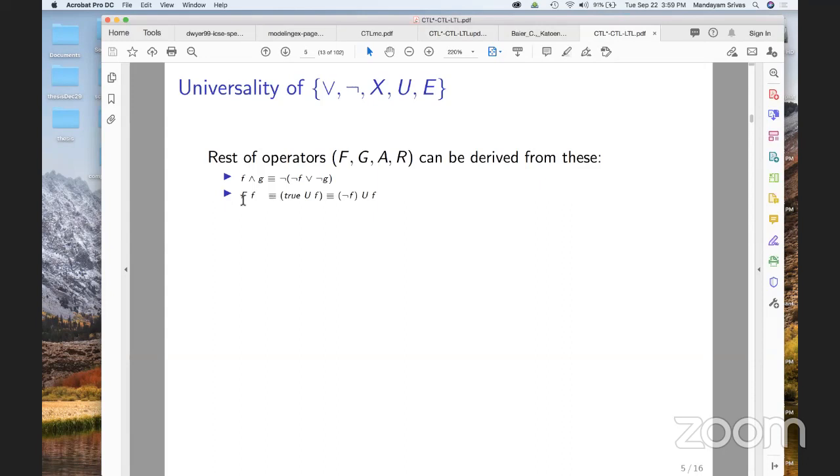In other words, it is enough to have U, E, X, and negation and R. So the first one you're convinced of, I guess: F can be removed. It's just a special version of U, until.